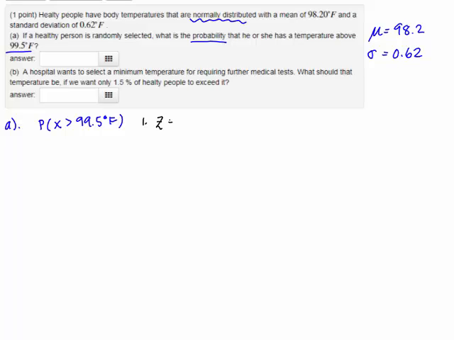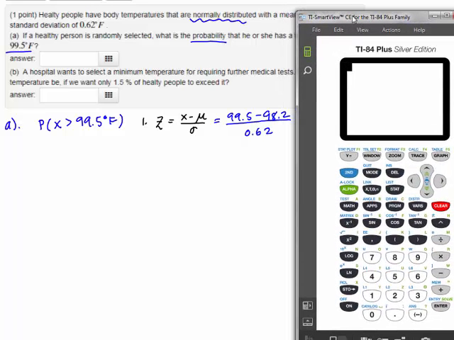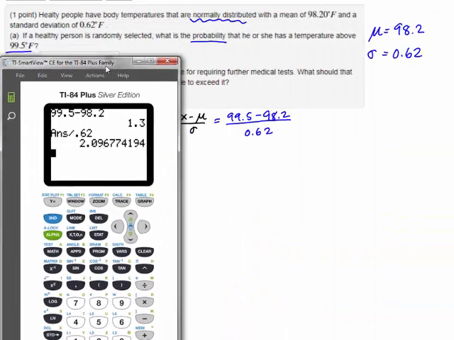One, we need the z value, which is X minus the mean divided by the standard deviation, or 99.5 minus 98.2 divided by 0.62, which is 2.09677.